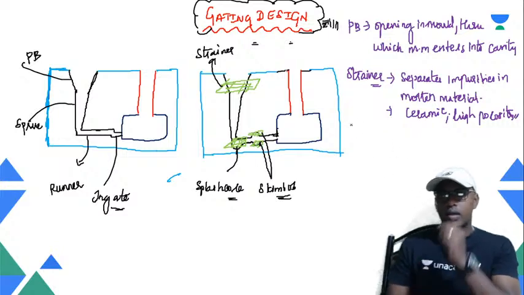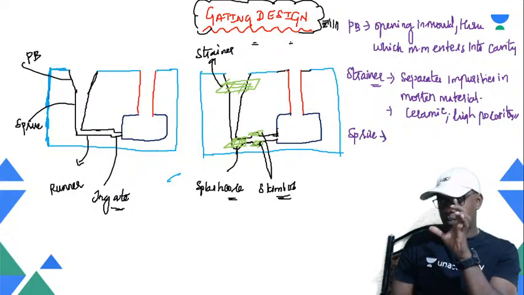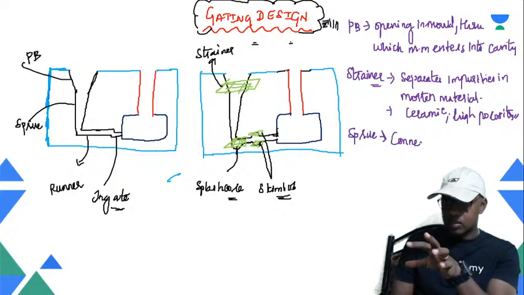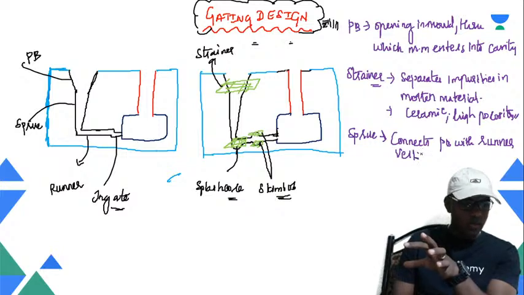Okay, fine. Regarding the sprue. So sprue is a vertical member that is connecting the pouring basin with the runner. Simply we can write, connects pouring basin to the runner. Correct. It's a vertical member.